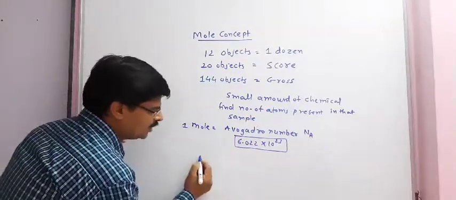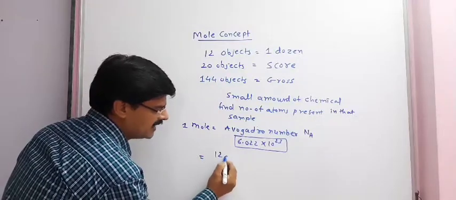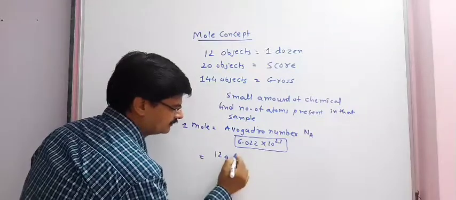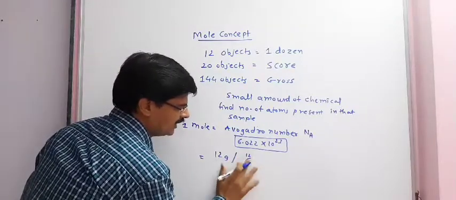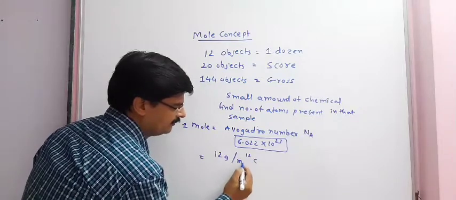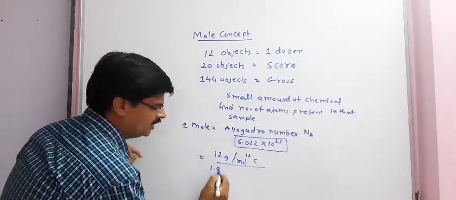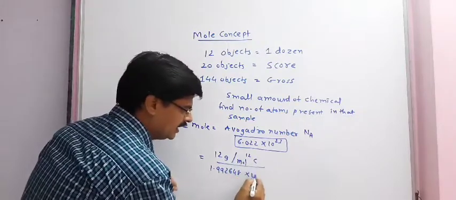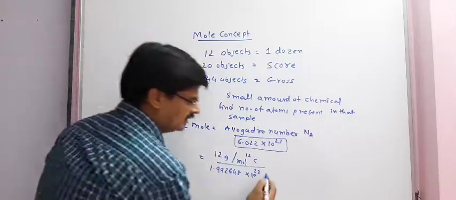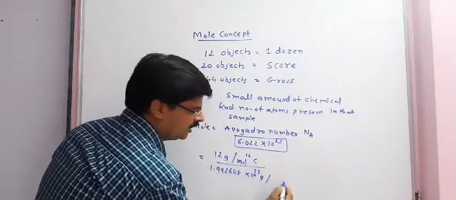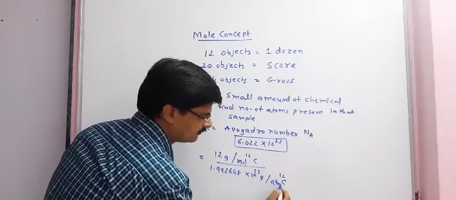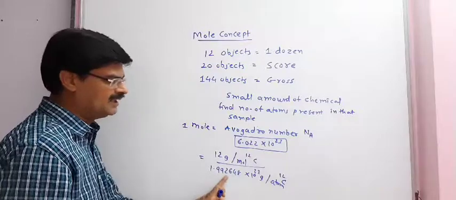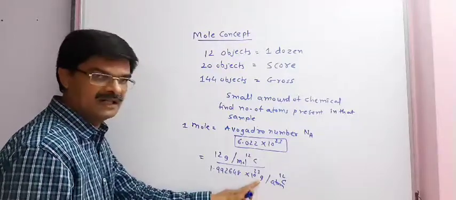Now, the Avogadro number can be obtained by dividing 12 gram of carbon, the isotope C12, by 1.992648 into 10 raised to minus 23 gram, which is the mass of 1 carbon-12 atom. One carbon-12 atom has 1.992648 into 10 raised to minus 23 gram mass.